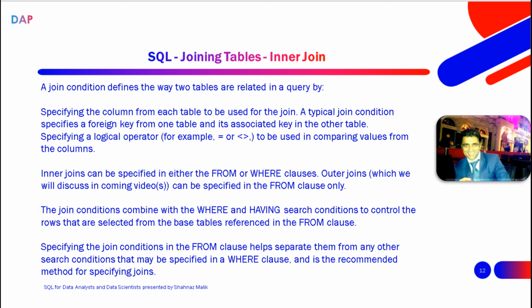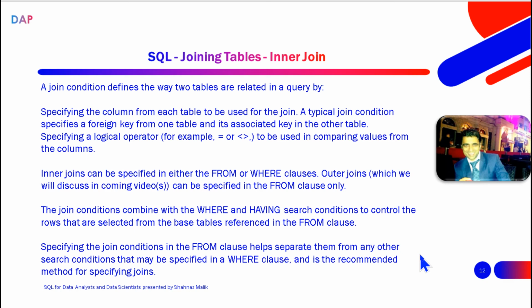A typical join condition specifies a foreign key from one table and its associated key in the other table, specifying a logical operator, for example equals or not equal to, to be used in comparing values from the columns. So inner joins can be specified in either the from or the where clauses, and outer joins, which we will discuss in coming videos, can be specified in the from clause only.